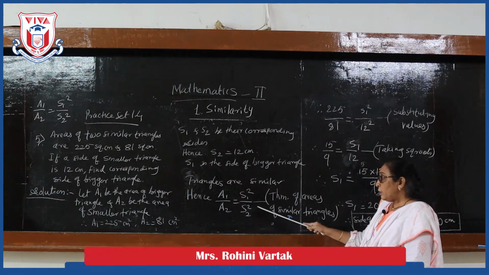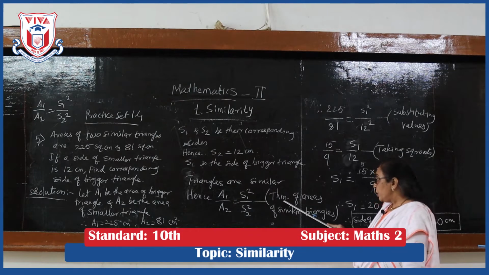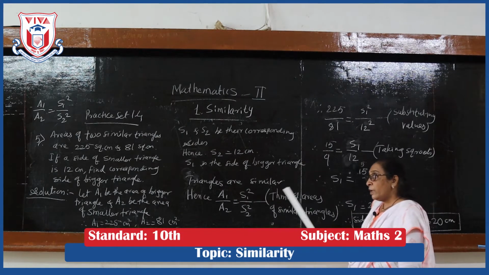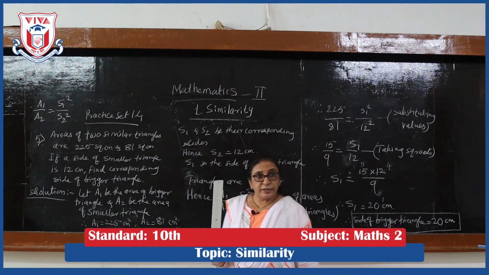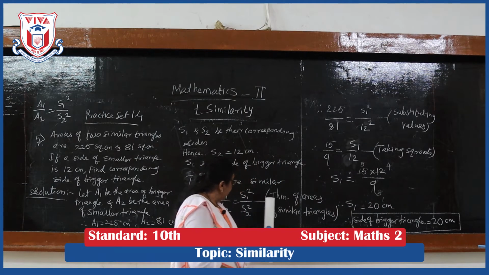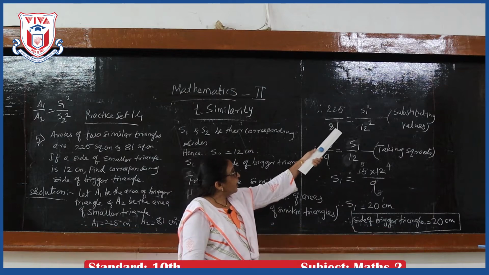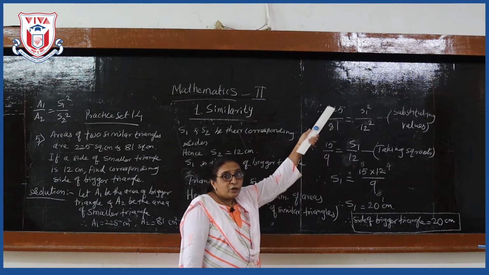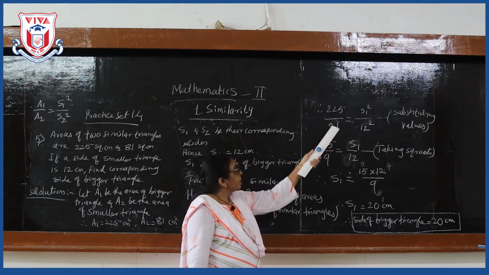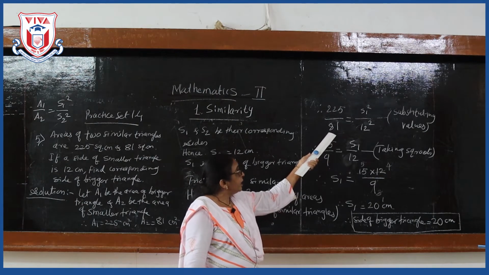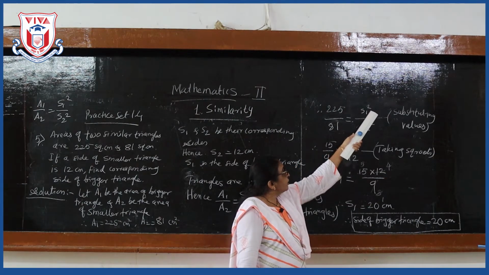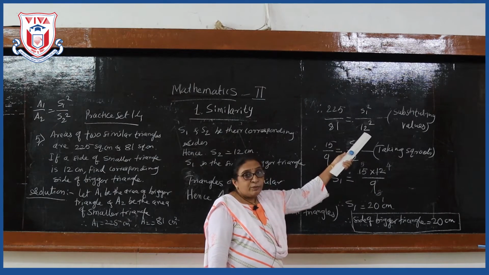That statement we can write by using the theorem of areas of similar triangles. Now, in this statement we can substitute the values. Area of bigger triangle 225 upon smaller triangle 81, S1 square, and side of the smaller triangle is 12 square.